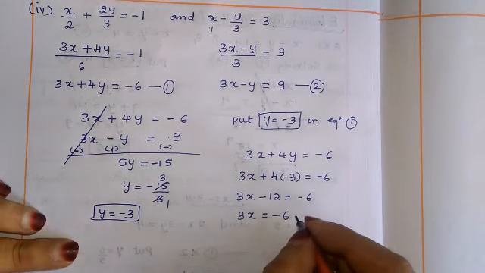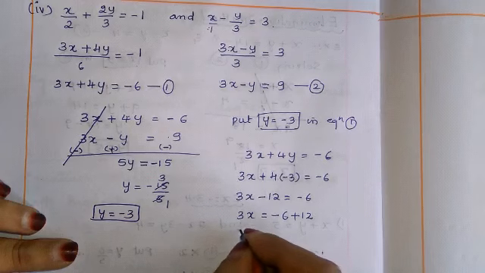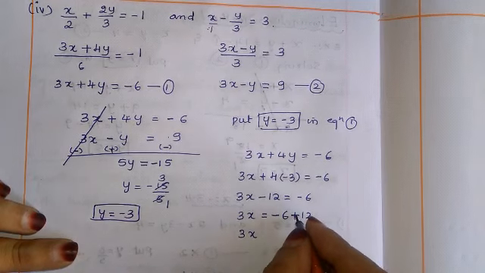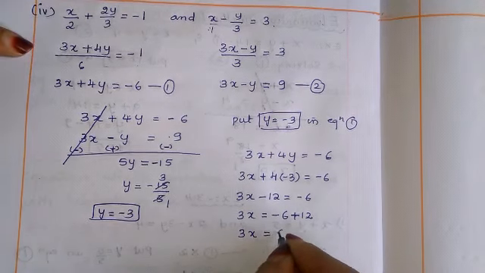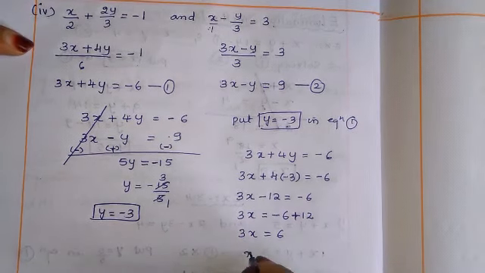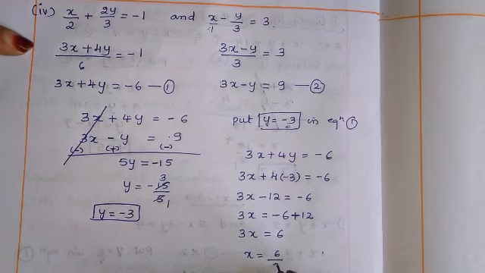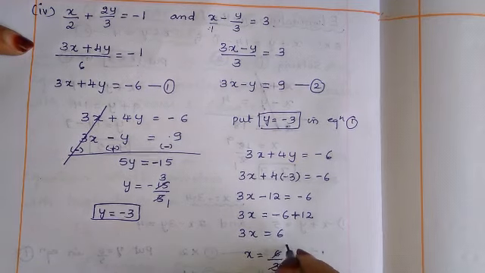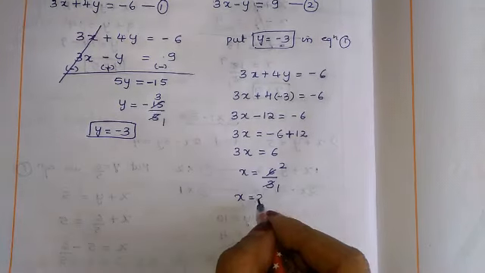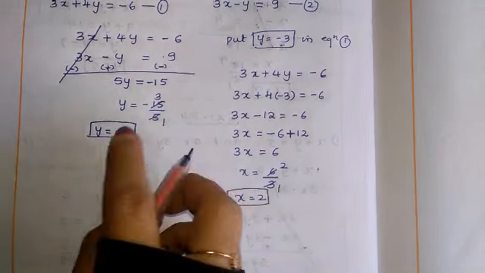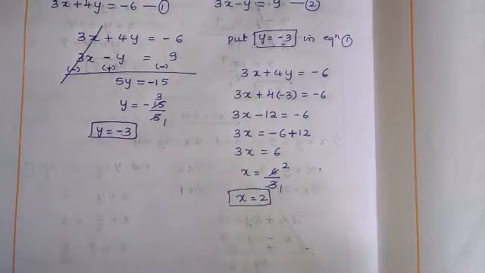I'll bring this to this side, it becomes plus 12. 3x is equal to 1 plus, 1 minus means we have to do minus, 12 minus 6 is 6. The greater number's sign is positive, so positive. X is equal to 6 by 3. 3 ones are 3, 3 twos are 6. X value what we got? 2. X value we got 2 and y value we got minus 3.